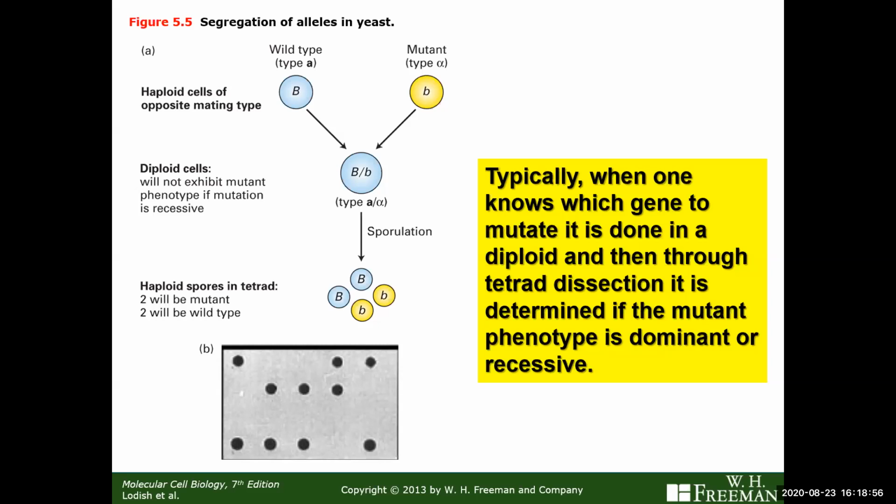If it segregates 2:2, you conclude that the defect in the original parental haploid yellow colored small b is because of mutation in only one gene.